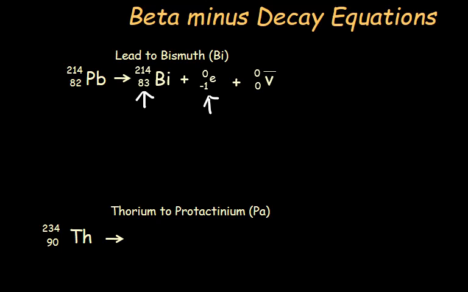And then remember, with an electron, we have an anti-neutrino that's produced as well, and for conservation of energy and conservation of momentum that shoots out. So for thorium to protactinium, we have 91, going from 90 to 91, another proton. And then we have the electron being produced, as well as our anti-neutrino that shoots out.